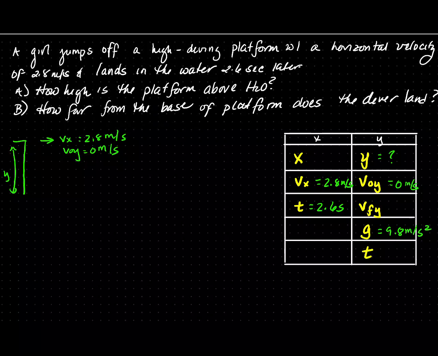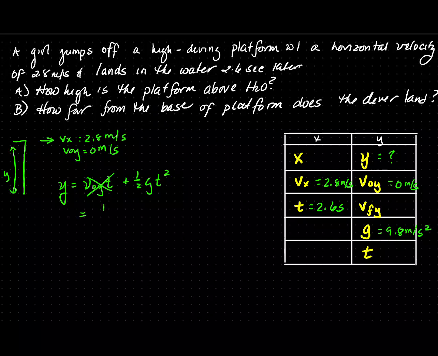So if I want to find the height, the equation I want to use is y is equal to v naught y t plus 1/2 gt squared. I already know v naught y is equal to 0 because it's launched horizontally. So this part cancels out to 0.